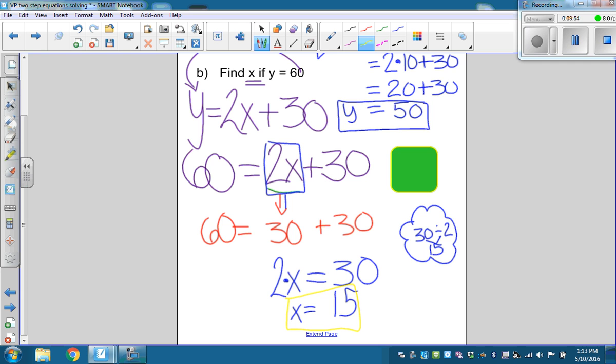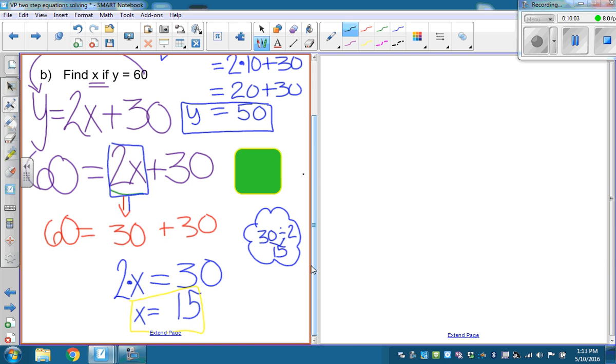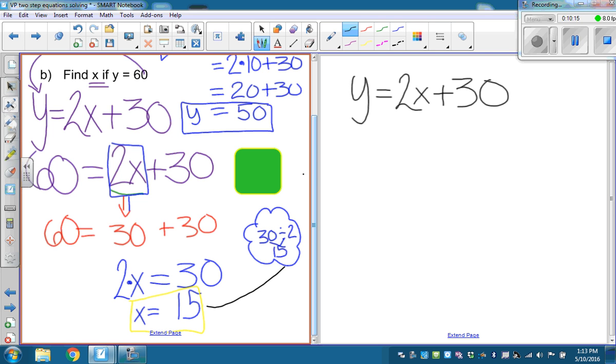To check your work, especially because it's easy to make a mistake. I almost made a mistake. I'm going to go back to the original equation, y equals 2x plus 30, and I'm going to plug in my 15 here.